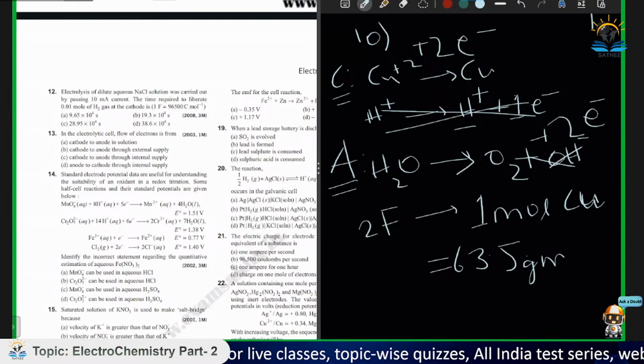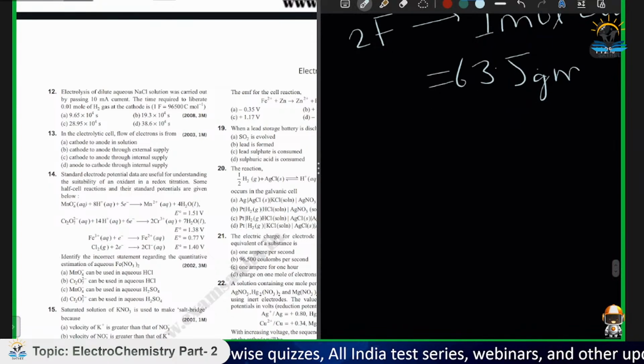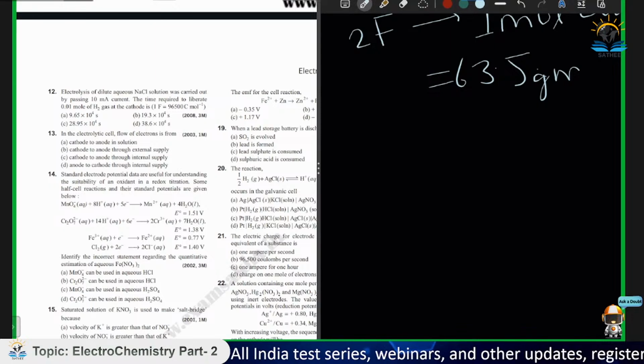Anode oxidation, so your electrons have to go from anode to cathode. Your reactions won't happen on their own, so you're applying an external voltage to make the reactions happen. So the answer should be... let me see. The answer is C apparently, cathode to anode through external supply.